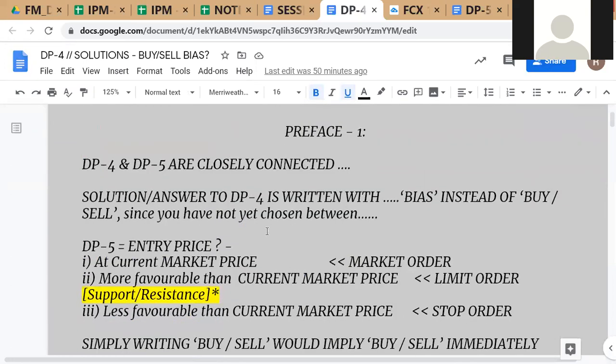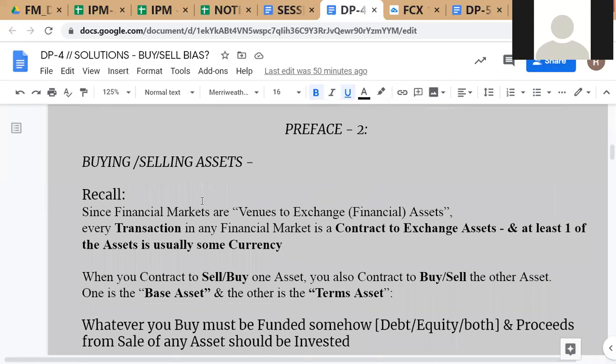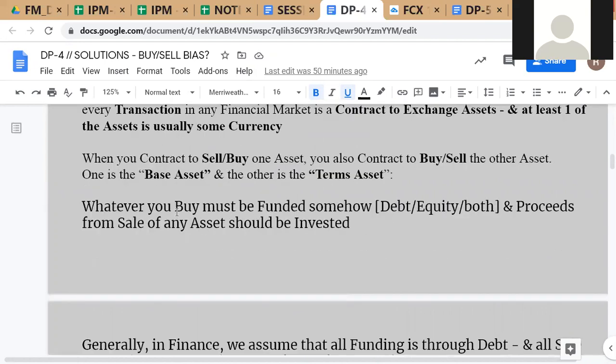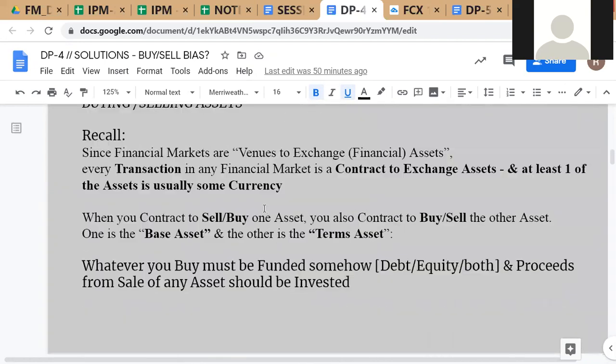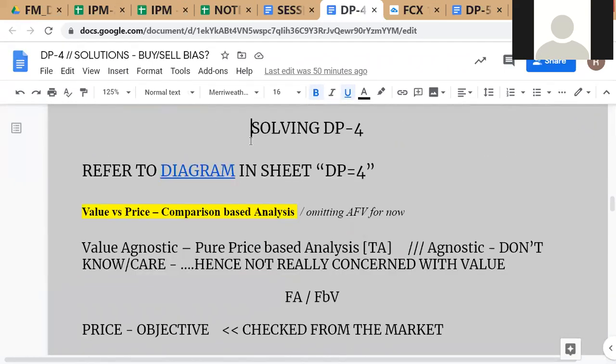I put it here because it's related to this idea. Preface 2 is based largely on the question that Harsh asked at the end of the previous class, so I have put in some detailed notes on that, which I'll explain briefly. Then we talk about solving DP4, which is the actual topic of this note. Maybe we can put a hold over here.